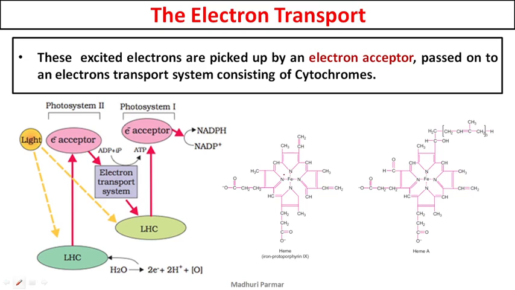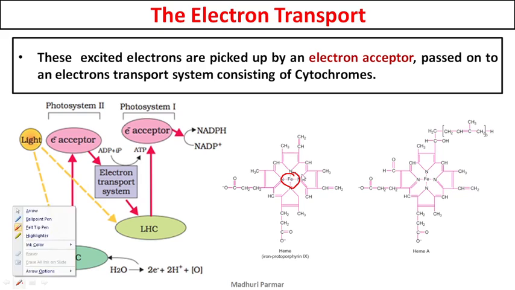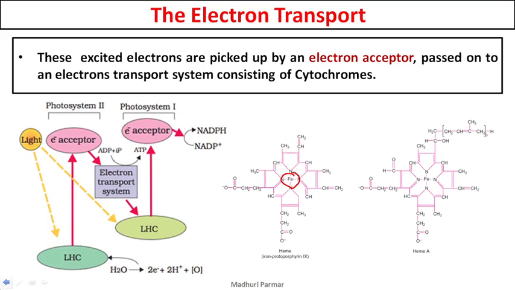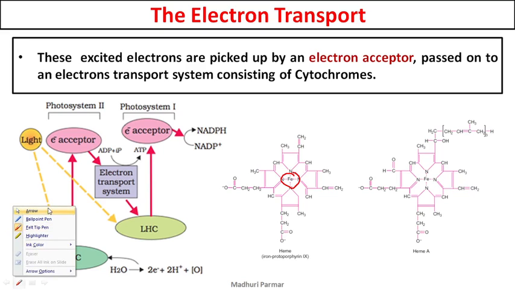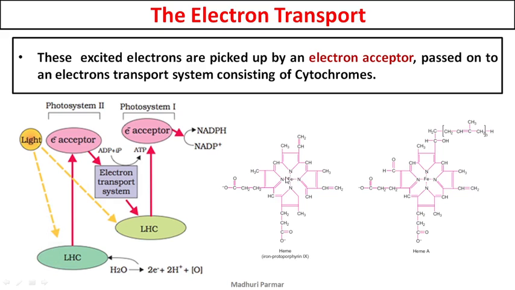So you can see this iron in between. And surrounding it there are nitrogen. There is iron in between, Fe, and surrounding it there will be 4 nitrogen. With these 4 nitrogen, it is forming these rings.